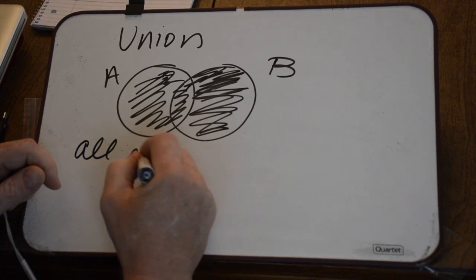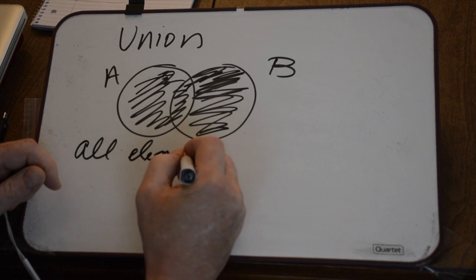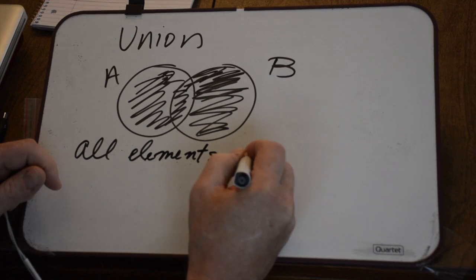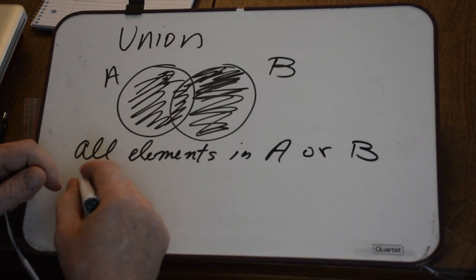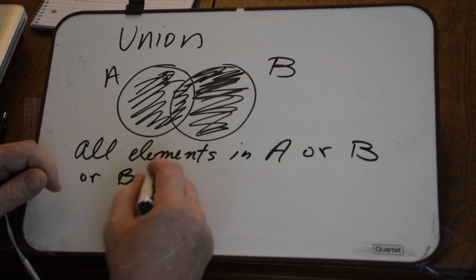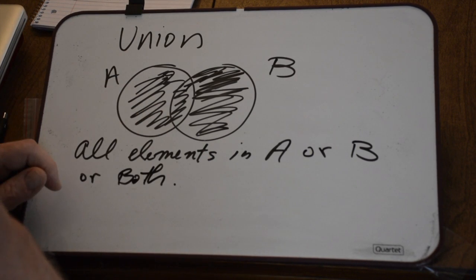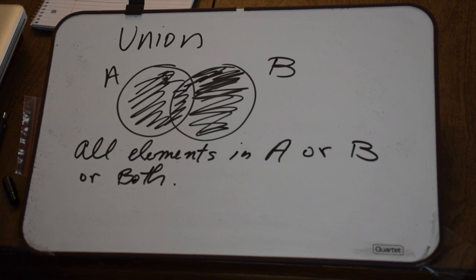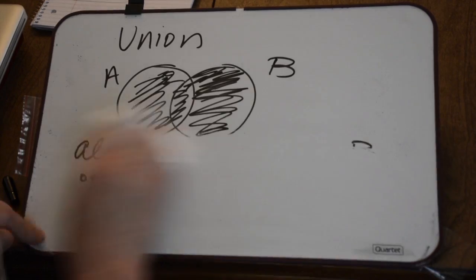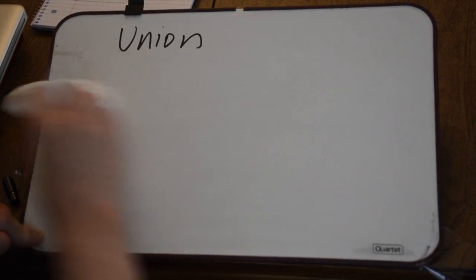All elements in A or B or both, just to be perfectly clear. Okay? So, an example of how that might come in handy. Okay, let's look at an application.